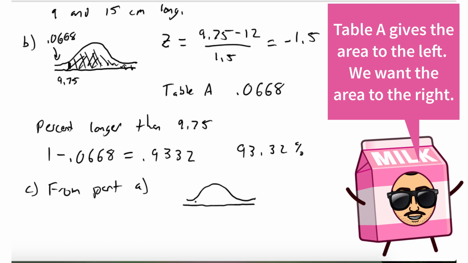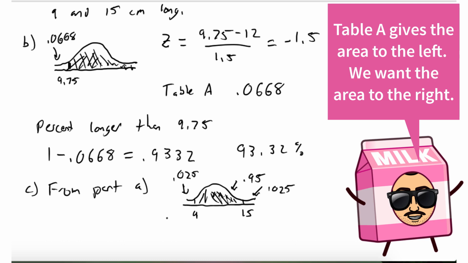Okay, now for part C, we could use our answer from part A to solve this problem easily. So here, again, we know that this middle between 9 and 15 centimeters, that area is 0.95, and our curve is symmetric. So the tail to the left has 0.025, or 2.5%, and similarly the tail to the right.